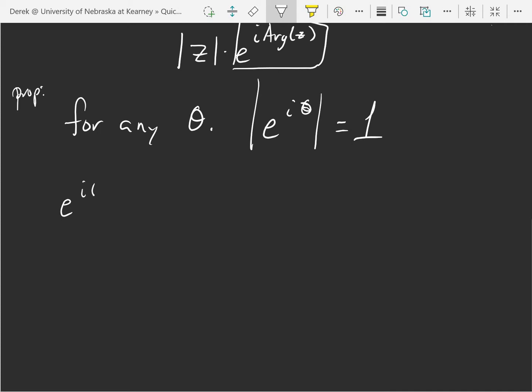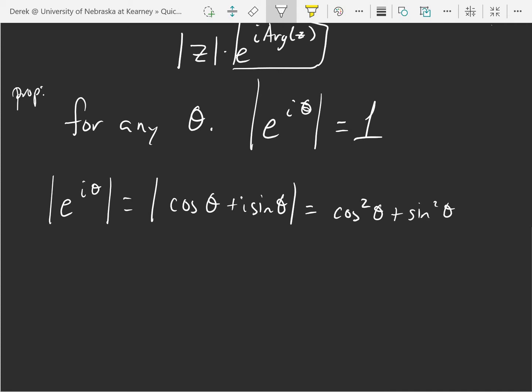So e to the i theta in magnitude is the magnitude of cosine theta plus i sine theta, which is equal to cosine squared theta plus sine squared theta, which is equal to 1. If you multiply by the conjugate, you get the difference of squares, but you have an i squared in the back term, so that difference turns into a sum, giving you a cosine squared plus sine squared. Okay.